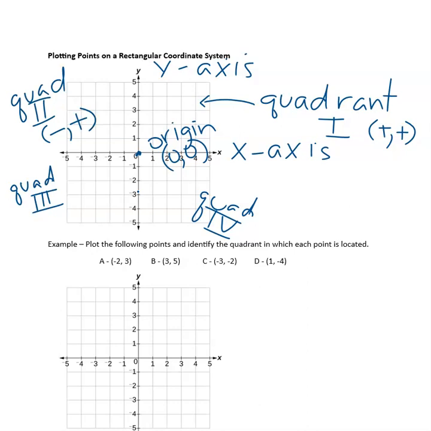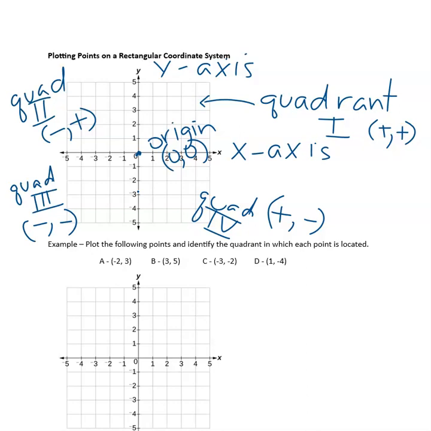In quadrant 3, the x value is negative, and the y value is also negative. And then in quadrant 4, the x value is positive, while the y value is negative. So we can identify what quadrant a point is going to be located in by looking at the sign of both the x and the y value.